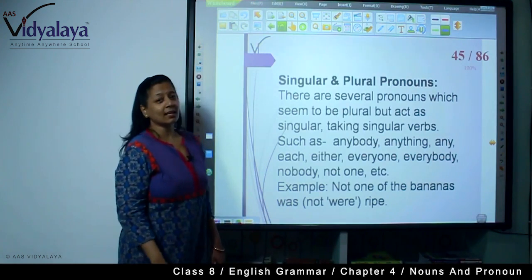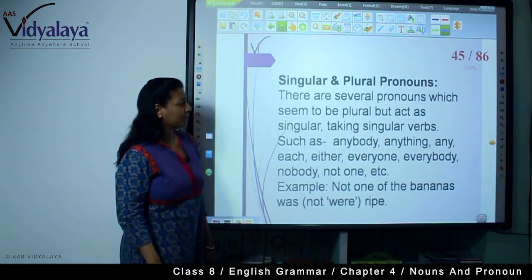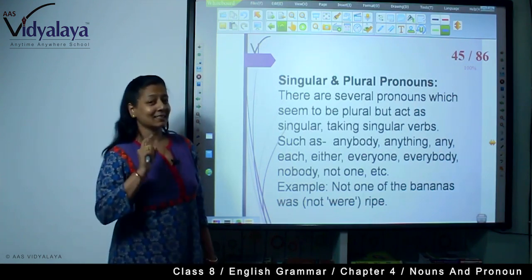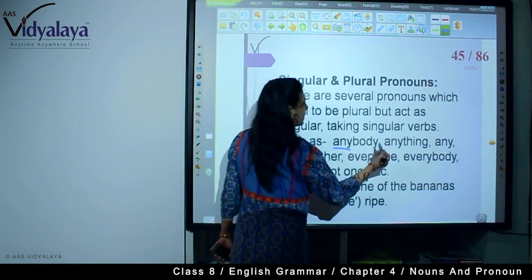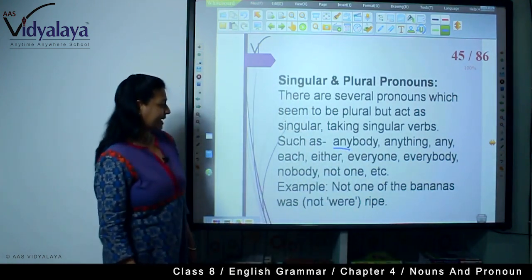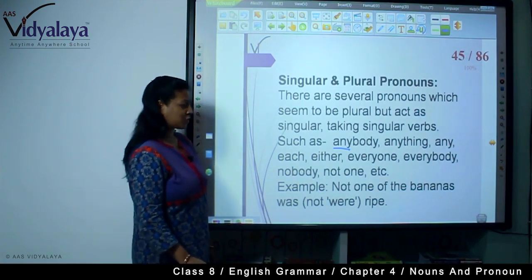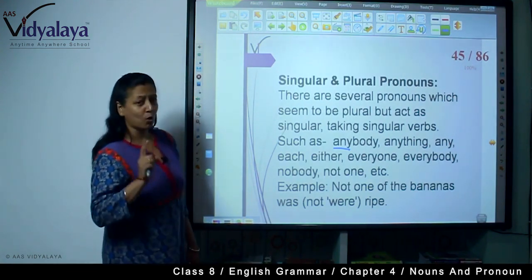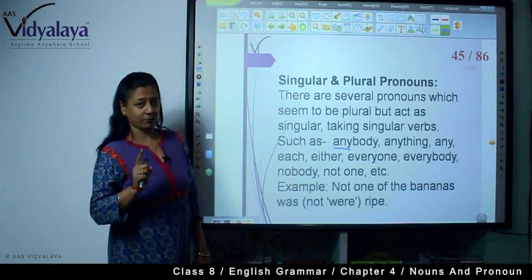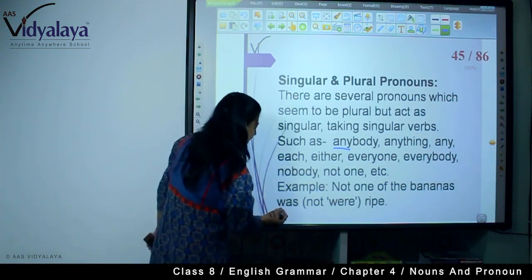Now, singular and plural pronouns. There are several pronouns which seem to be plural but act as singular, taking singular verbs, such as anybody, anything, any, each, either, everyone, everybody, nobody, not one, etc. Not one of the bananas was, not were, ripe.